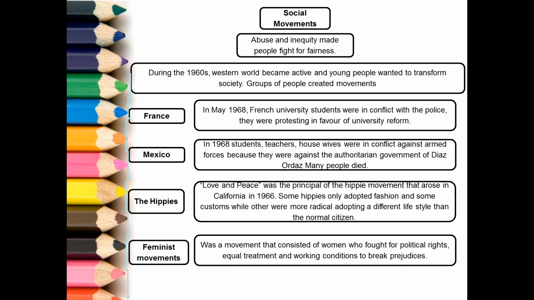Now this movement consisted of women who fought for political rights and equal treatment in working conditions. Okay, so this social movement in particular was not comfortable with their position in society. They sought to achieve more, and in that process they accomplished these goals.